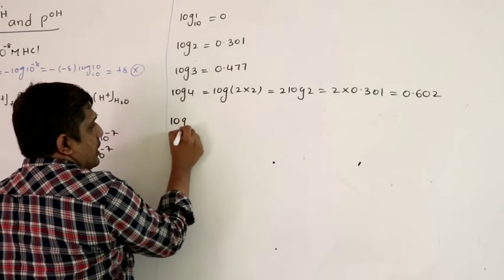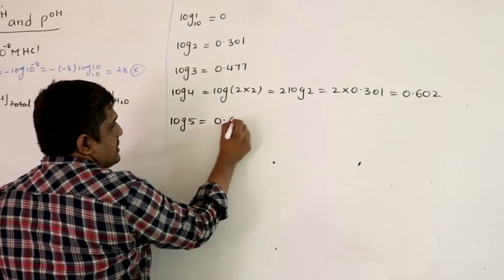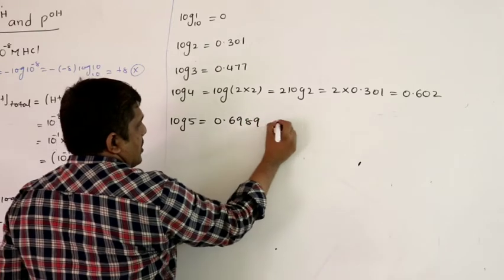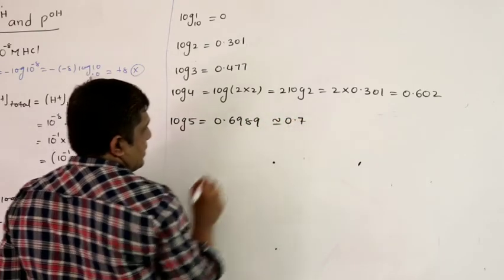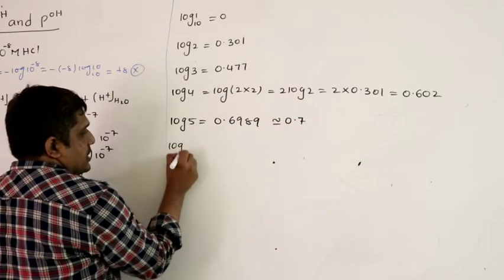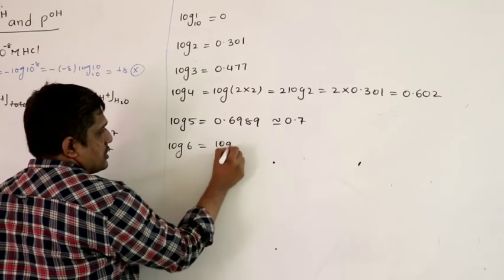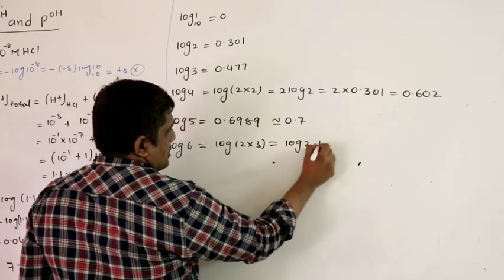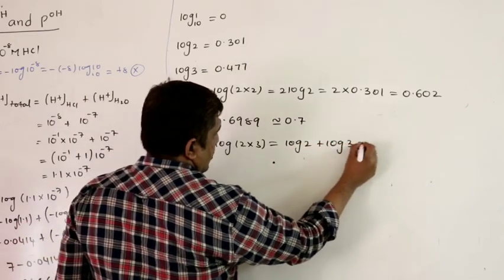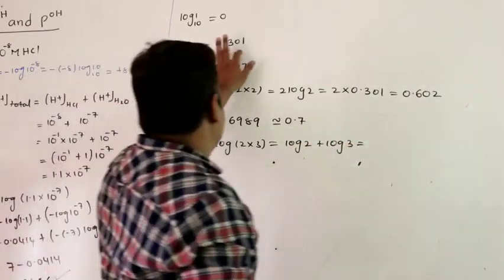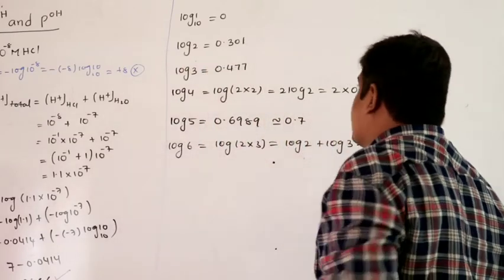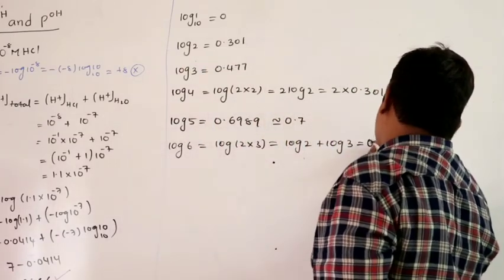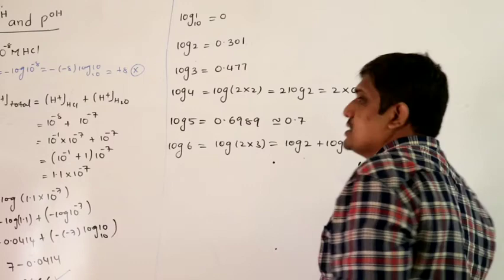Next, log 5 is 0.6989, which sometimes you can approximately take as 0.7 for easy calculation. Log 6 you can write as 2 into 3, so log 2 plus log 3. Log 2 is 0.301, log 3 is 0.477, and adding gives 0.778.